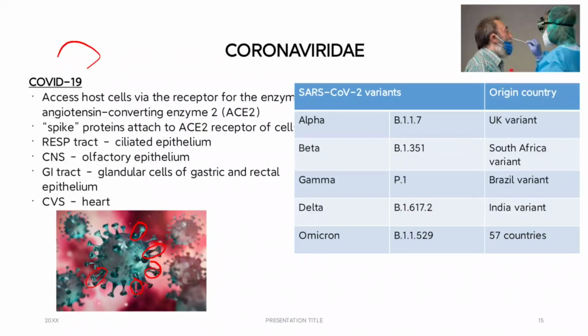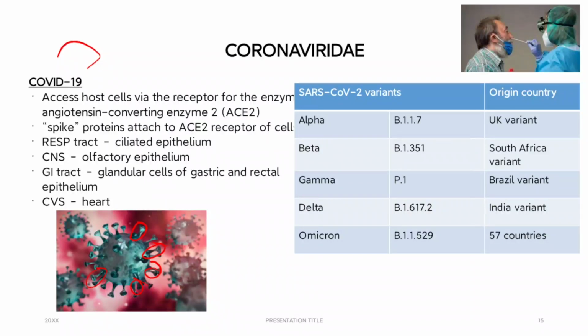Okay? So, for your respiratory tract, tatamaan niya yung ciliated epithelium. Hence, ano mangyayari? Yung mas dry yung throat or yung lalamunan, masakit, sobrang sakit ng lalamunan ng isang patient, no? Next, sa CNS, tatamaan niya yung olfactory epithelium, kaya nga nawawalan ng pang-amoy or ng panlasa yung isang pasyente na suffering from COVID-19, no? Because meron ding ACE2 receptor yun.